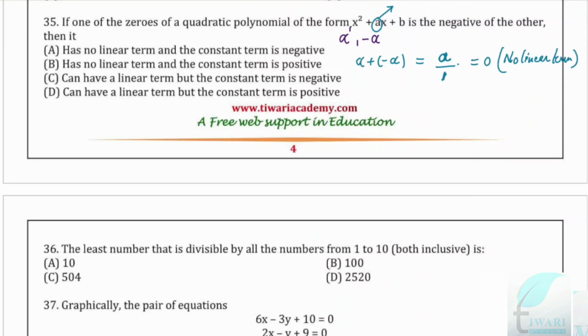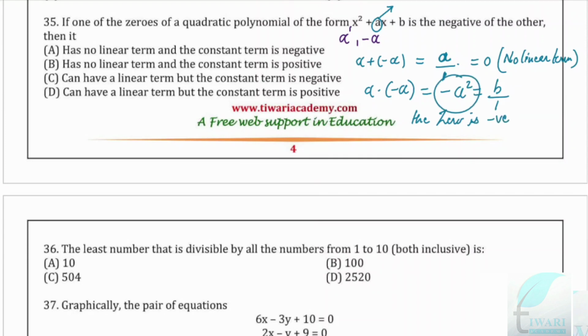Now coming on to product of zeros. Product of zeros is alpha into minus alpha, that is equals to minus alpha square, which is equals to c by a. Here it is b by 1. So the second zero here is negative in nature.